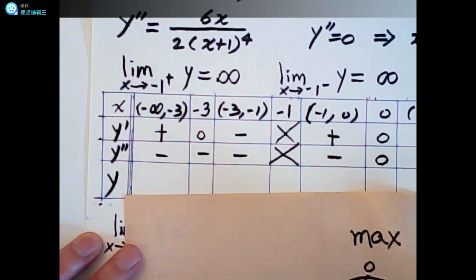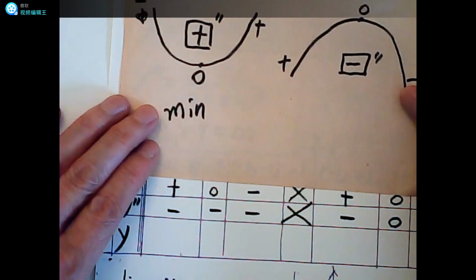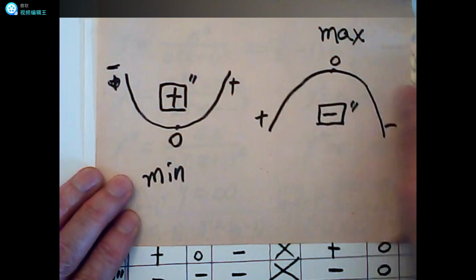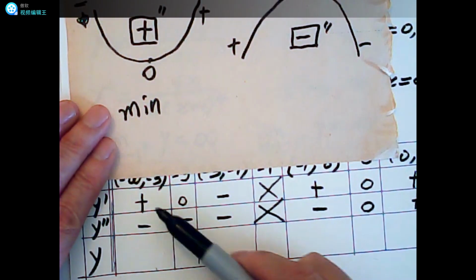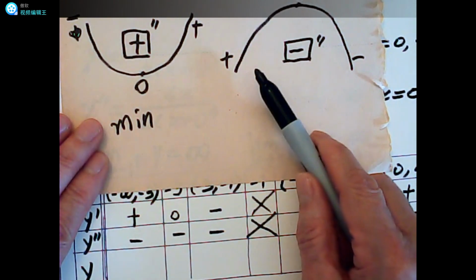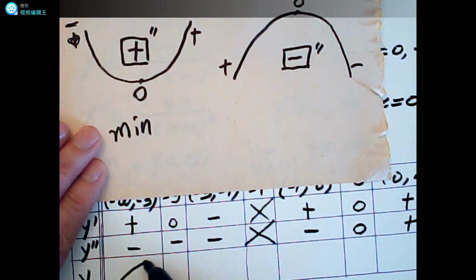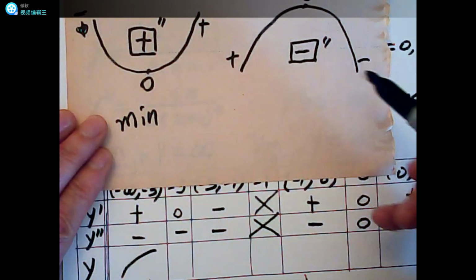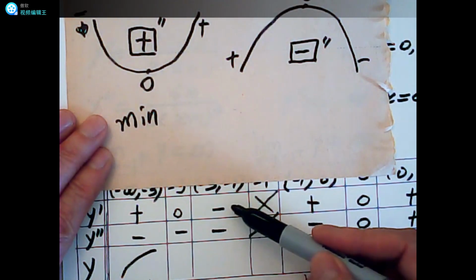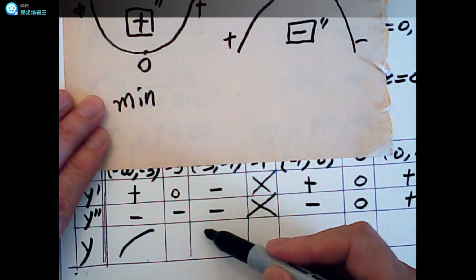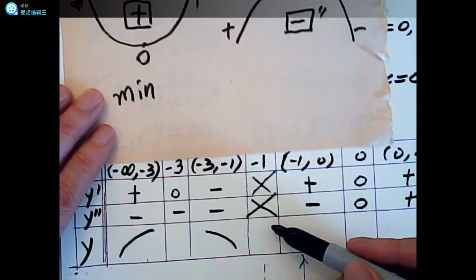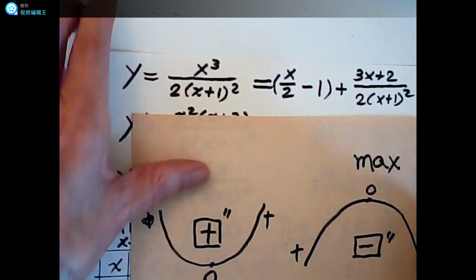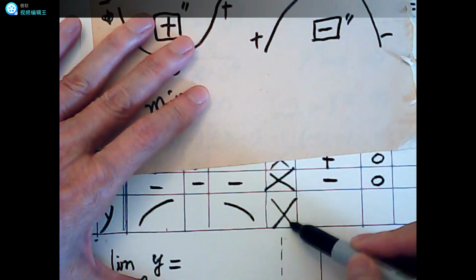Now, let's see. Negative, positive, negative, positive. So that's the shape. Negative, negative. So that's the shape. At negative 1, the function is not defined.